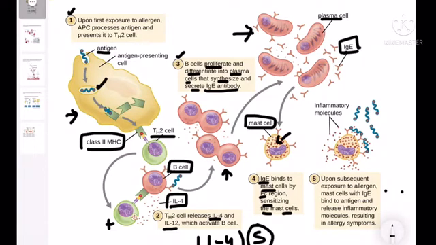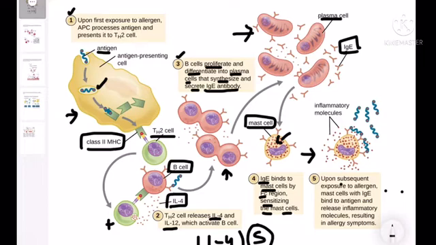After sensitization, there will be release of a lot of histamine and other inflammatory substances, and that shows different sorts of changes in the body. There will be vasodilation, bronchoconstriction.